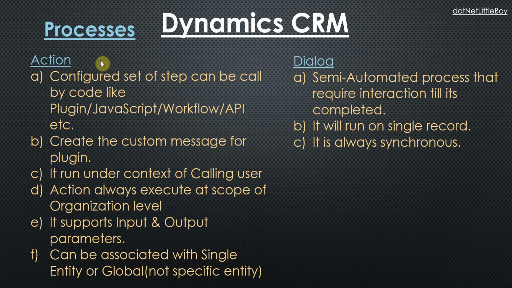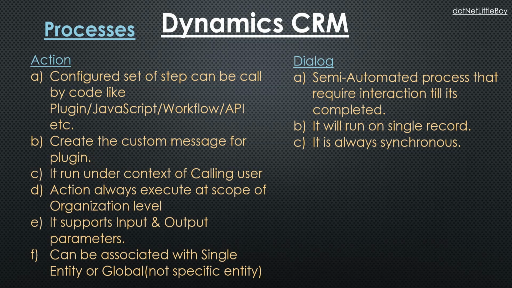Let's take an example. You configure one action here, and you are calling this action from a workflow, and you have registered a plugin on this action. So when your workflow is running and the action is called, then your plugin code will be executed. So you can see how powerful this process is. You can control things in different ways here with the action.